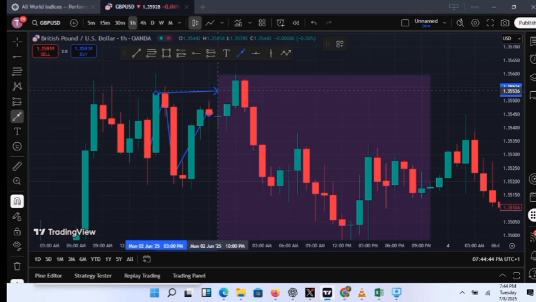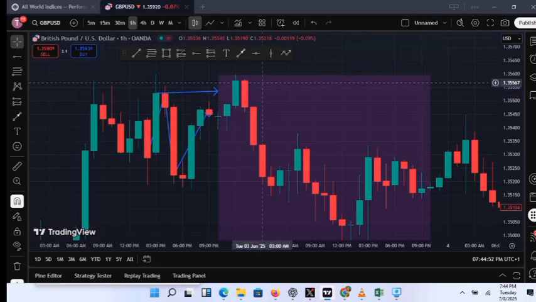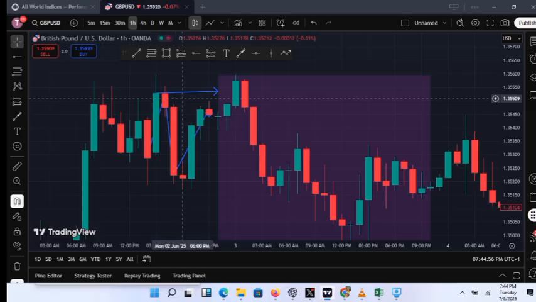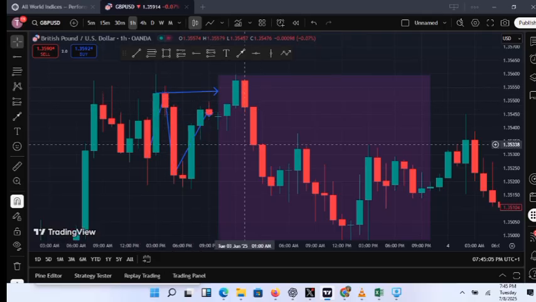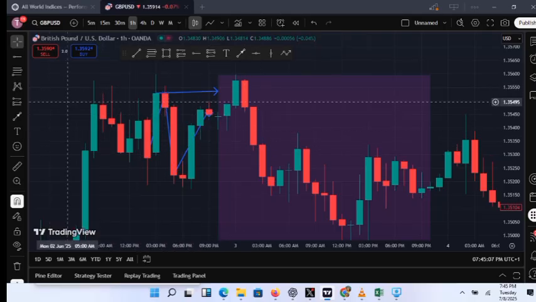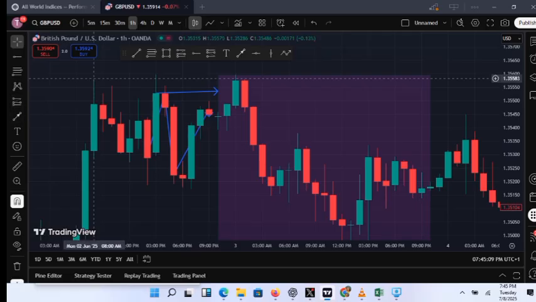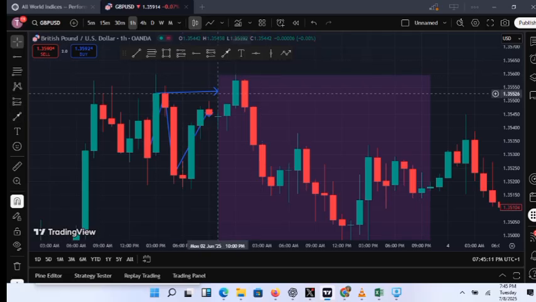So it broke this place first. So it breaking that place is what? Market shift. True or false? True. But this place, can you see this place? It broke down again. It came down again, giving us a break of market structure.